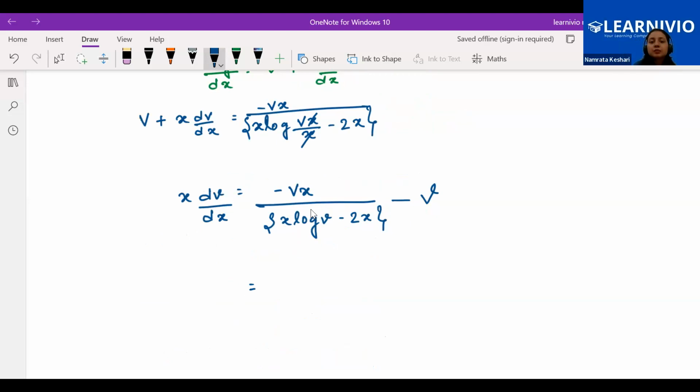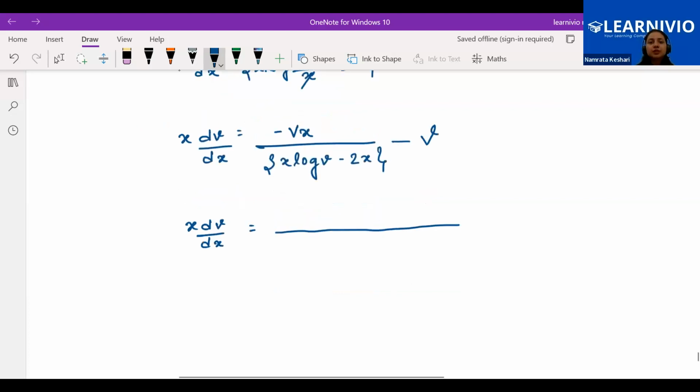Okay, let's take the LCM. Let's try simplifying it. What are we going to have?